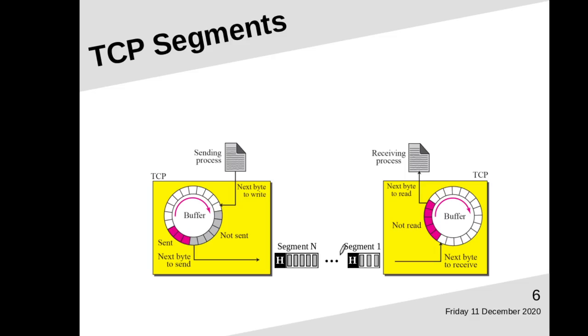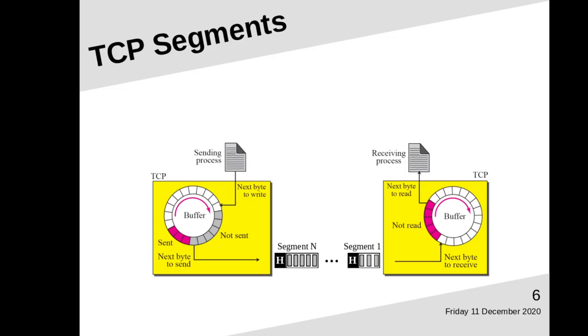So at this transport layer, TCP groups a number of bytes together into a packet and it is called a segment. So this is what we have to understand. TCP adds its own header and then sends this data together with the header as a segment.